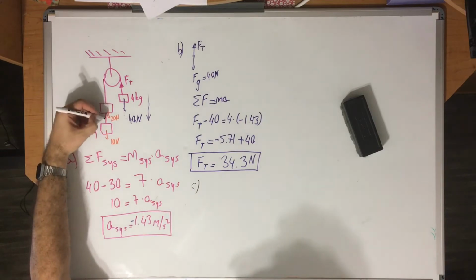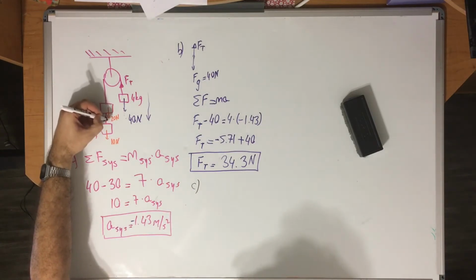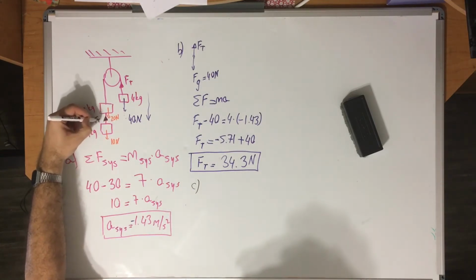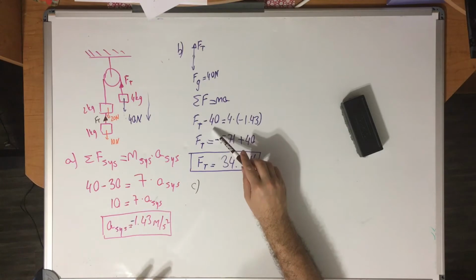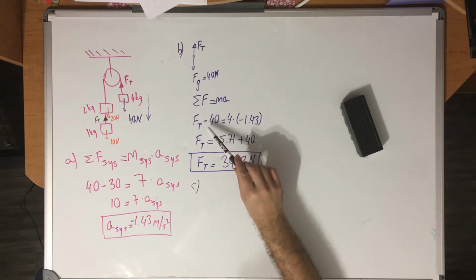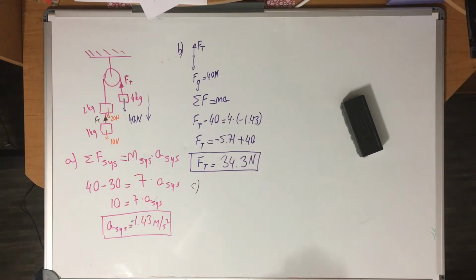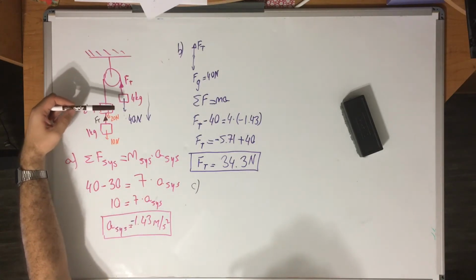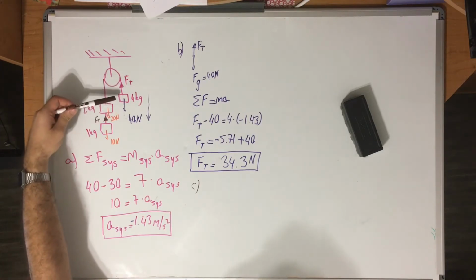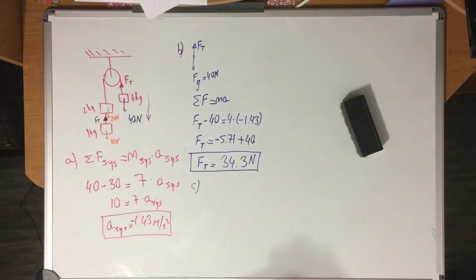In part C, they're asking for the tension on the string that is attached to that 1 kilogram object. So again, this time they're asking for this tension. So the way that we can find that will be very similar to this guy. Actually, it's going to be the exact same thing, because to be able to find that tension, you just need a mass that is attached to that string.